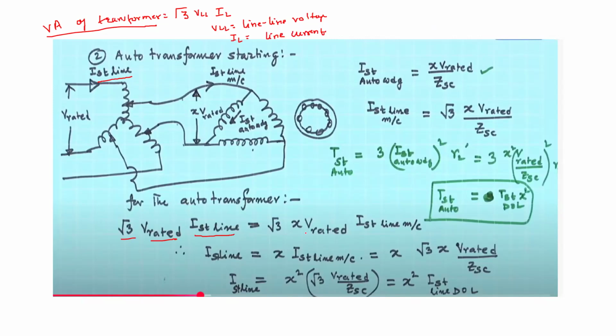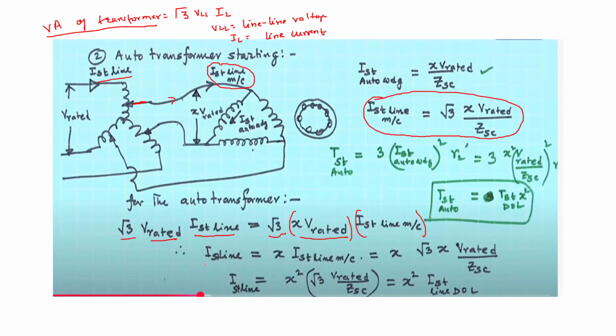And what about the VA rating at the output of the auto transformer? This is also root 3 times, but V line to line is X V rated, because of the tappings of the auto transformer it becomes X times V rated. And the line current here is this I starting line of the machine, which we have found here.